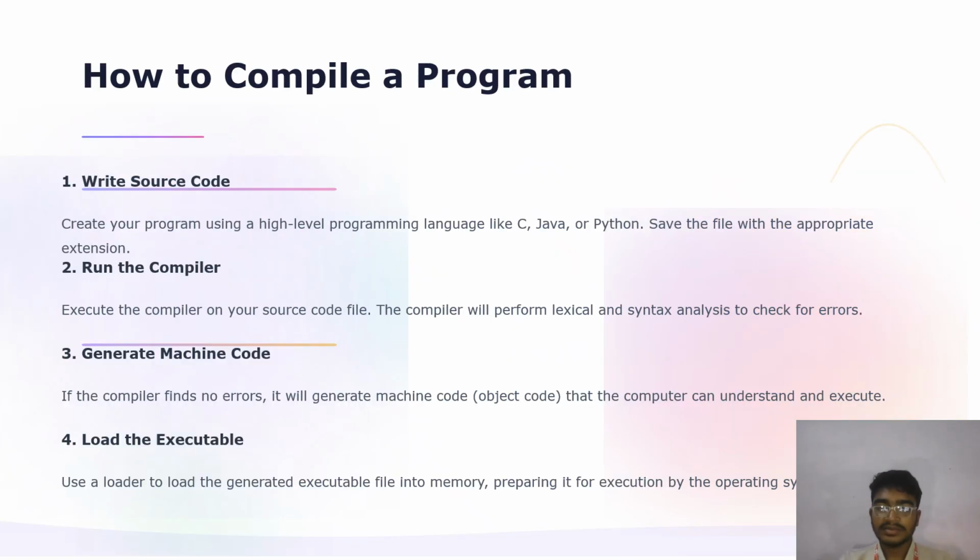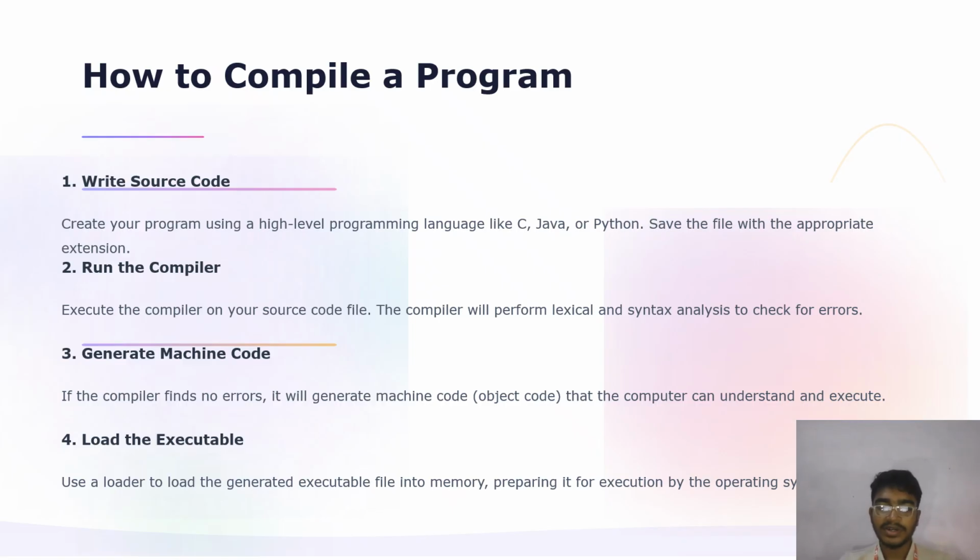Next, how to compile a program. Write source code: create your program using a high-level programming language like C, Java, or Python. Save the file with the appropriate extension and run the compiler. Execute the compiler on your source code file.